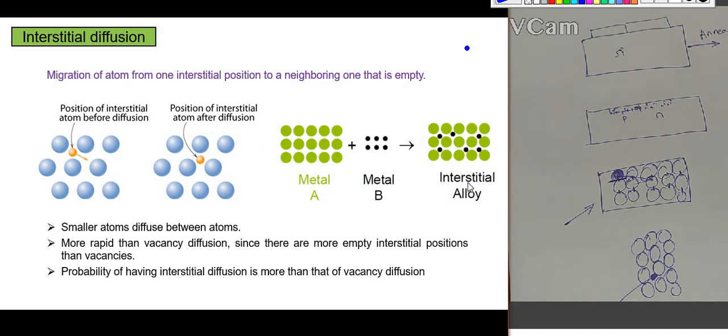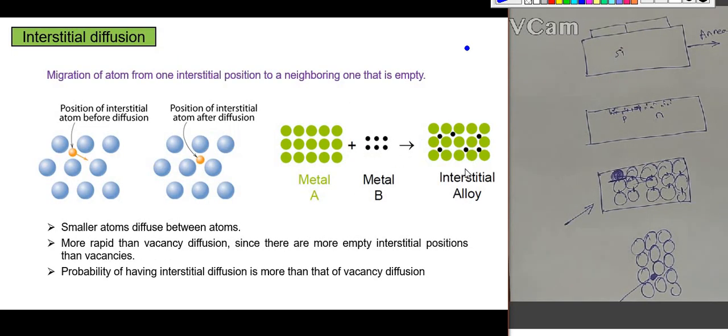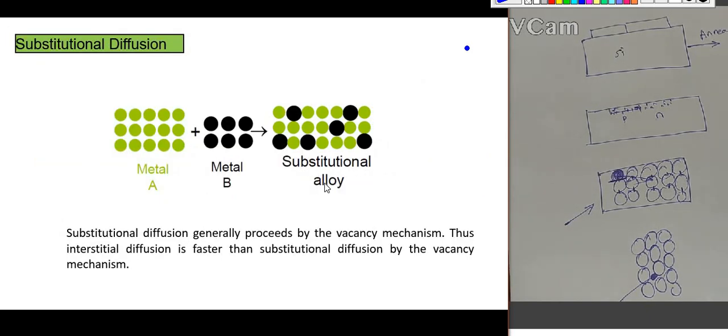But in substitution diffusion, diffusion only occurs if a vacancy position is available. Okay, so that is substitution diffusion. This is also important for the formation of substitutional alloy. Later we will discuss these two things, interstitial alloy and substitutional alloy.